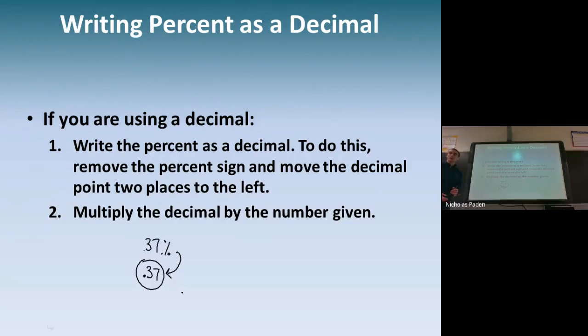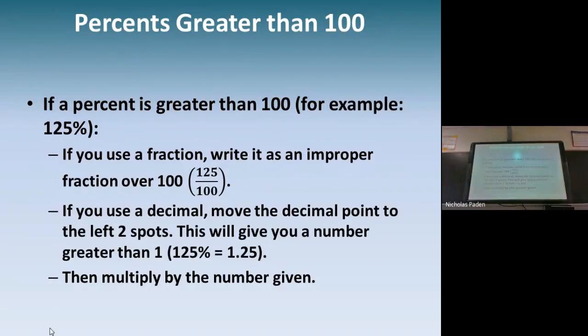One last thing before we get into some of the questions that we've got to worry about. If the percent is greater than 100, for example, we're talking about 125%. If you use a fraction, we would still write it over 100. So 125 over 100. If we are using a decimal, once again, it's still the same steps.